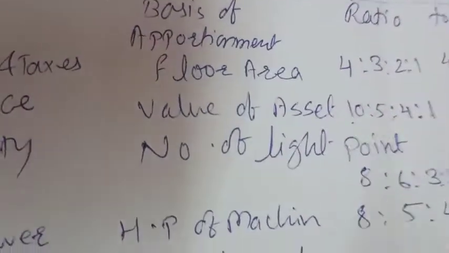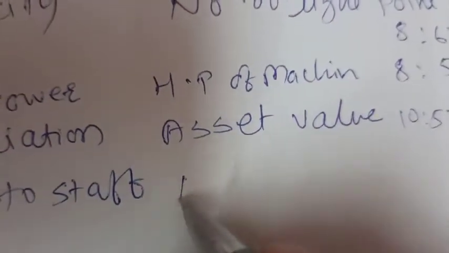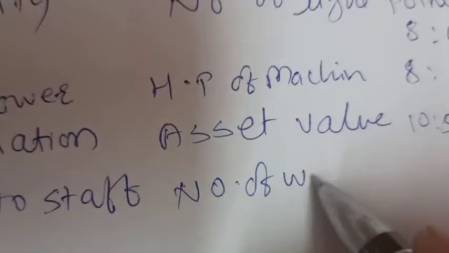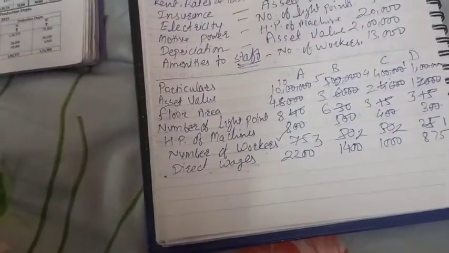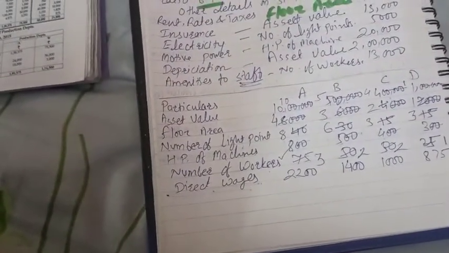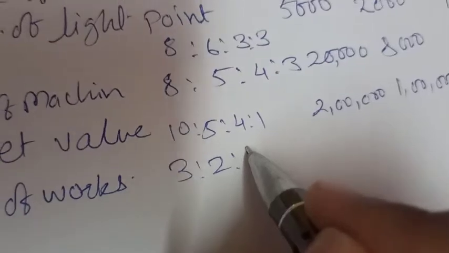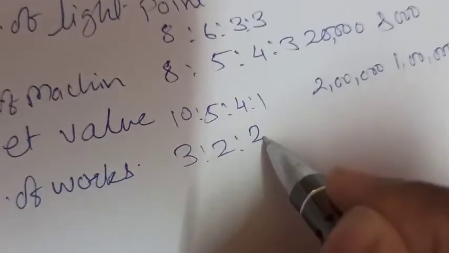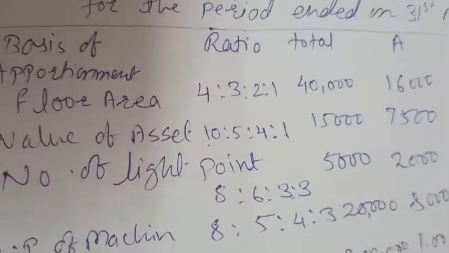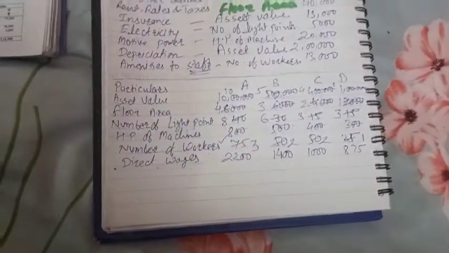Okay. The basis is number of workers. The ratio for number of workers is 3 is to 2 is to 2 is to 1. And the total amount is 13,000.